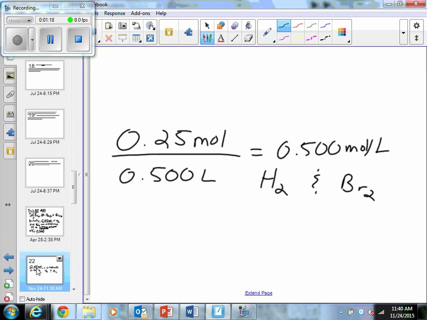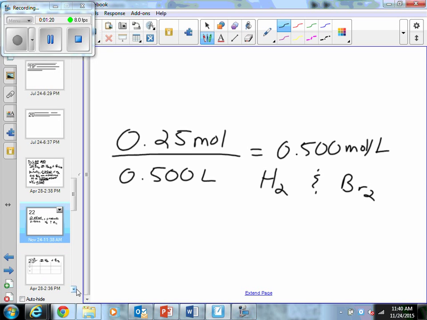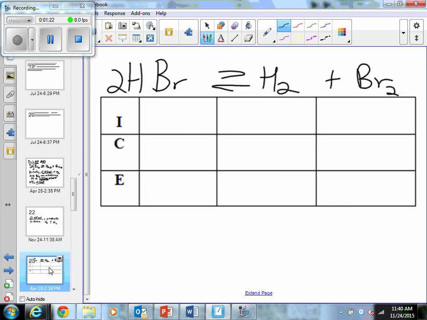So we're going to sub that into our ICE table as the initial amounts. And initially I don't have any hydrogen bromide. So the only reaction that can take place here is the reverse reaction. And I don't know anything about the equilibrium values. So in this case, it's just a matter of subbing in and solving for an unknown.